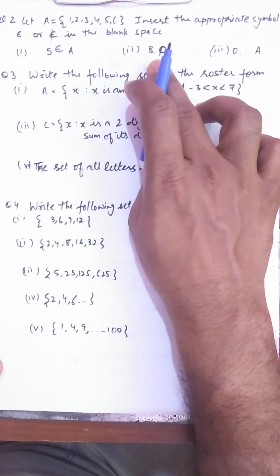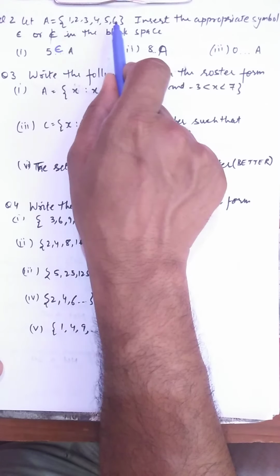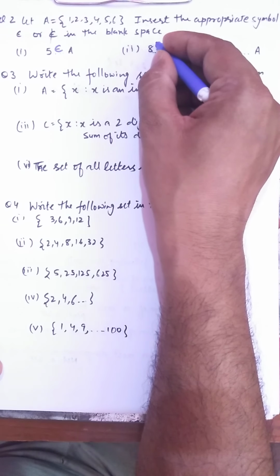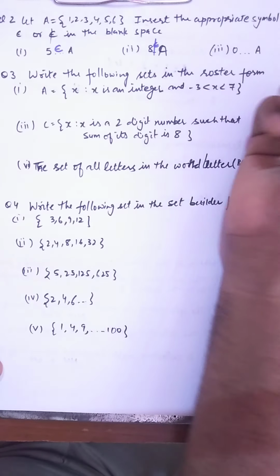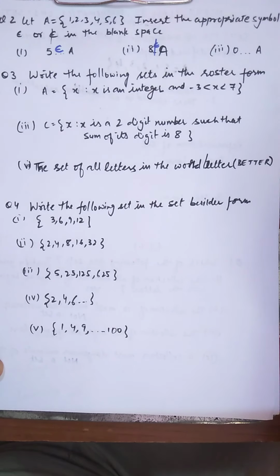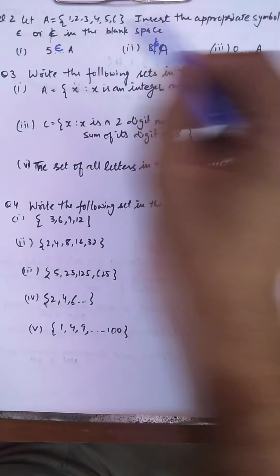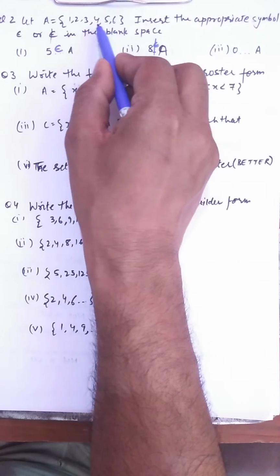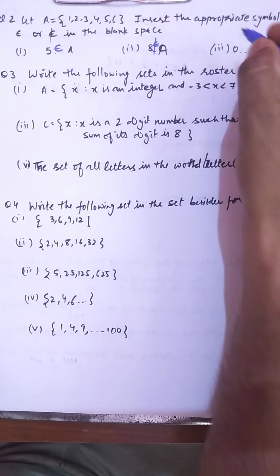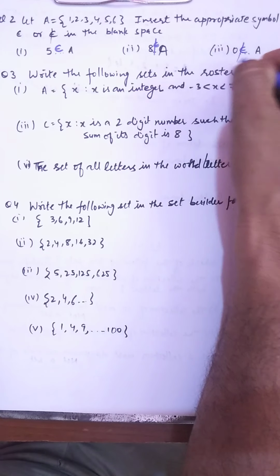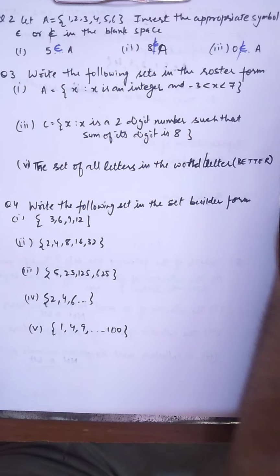Now you see 8. Is 8 there in this set? No. So 8 does not belong to A. Similarly, 0 is not anywhere in this set, so we'll again say 0 does not belong to A.